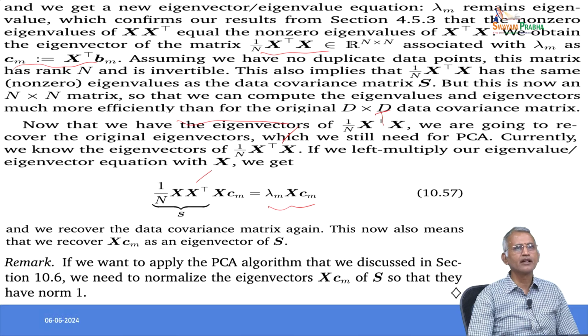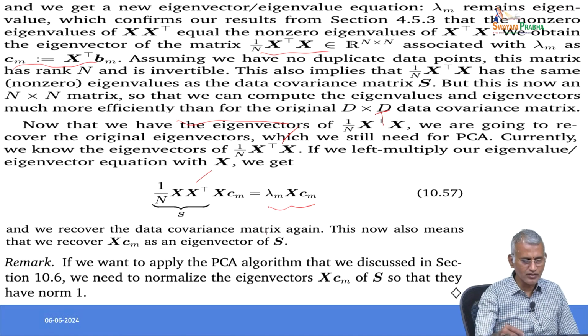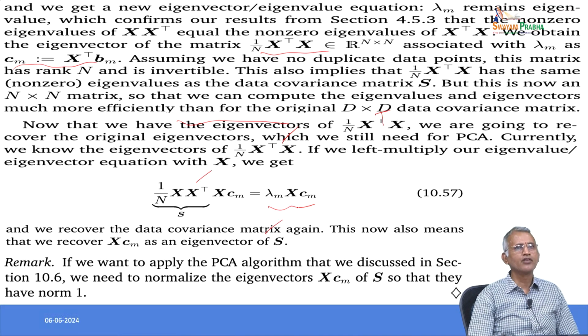So we recover the data covariance matrix again. This also means that we recover X c_m as the eigenvector of S. Note that if we want to apply the PCA algorithm that we discussed in this section, we need to normalize the eigenvector X c_m of S so that they have norm 1.